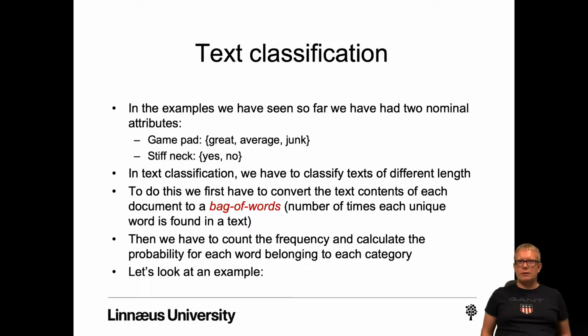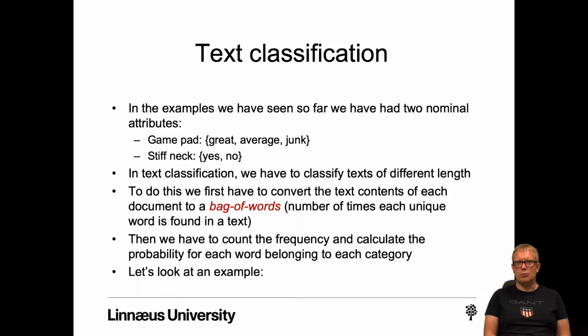In the examples we have seen so far, we had 2 nominal attributes, gamepad, with the possible values great, average, or junk, and the stiff neck attribute with possible values yes and no. In text classification, we have texts to classify, and the text can be of different lengths.